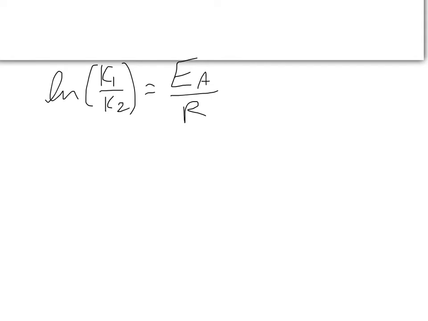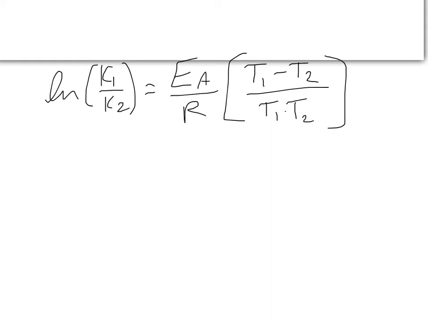And so that is the log of K1 over K2 equals the activation energy, the thing we want to know, over the gas constant times, well, you know what? We can use the form we just derived: T1 minus T2 over T1 times T2.